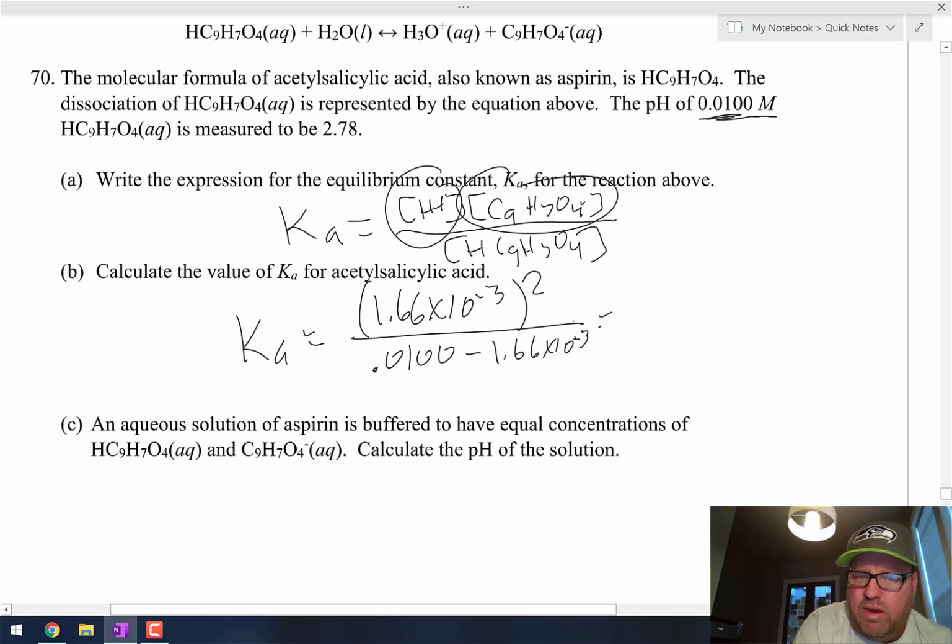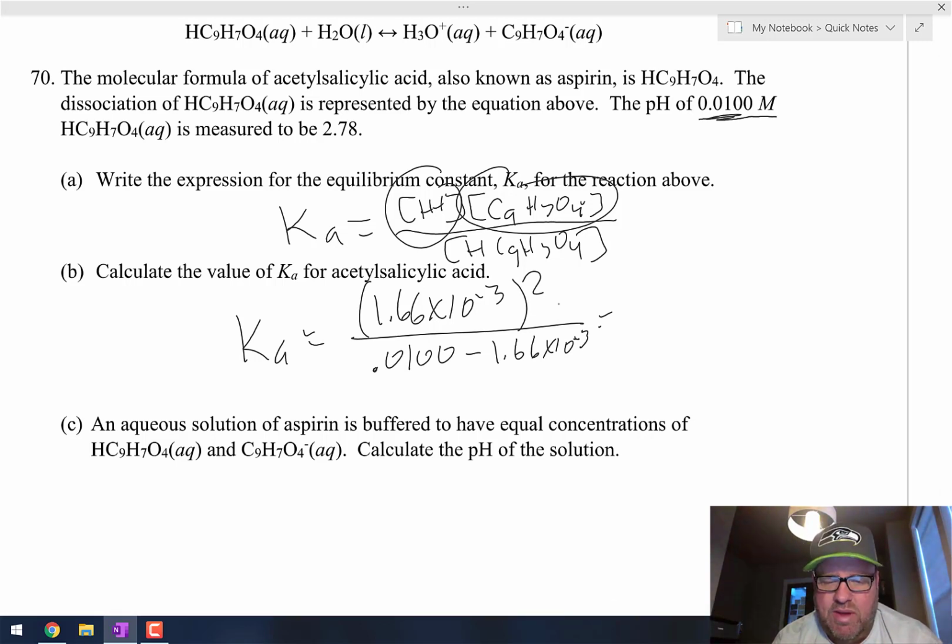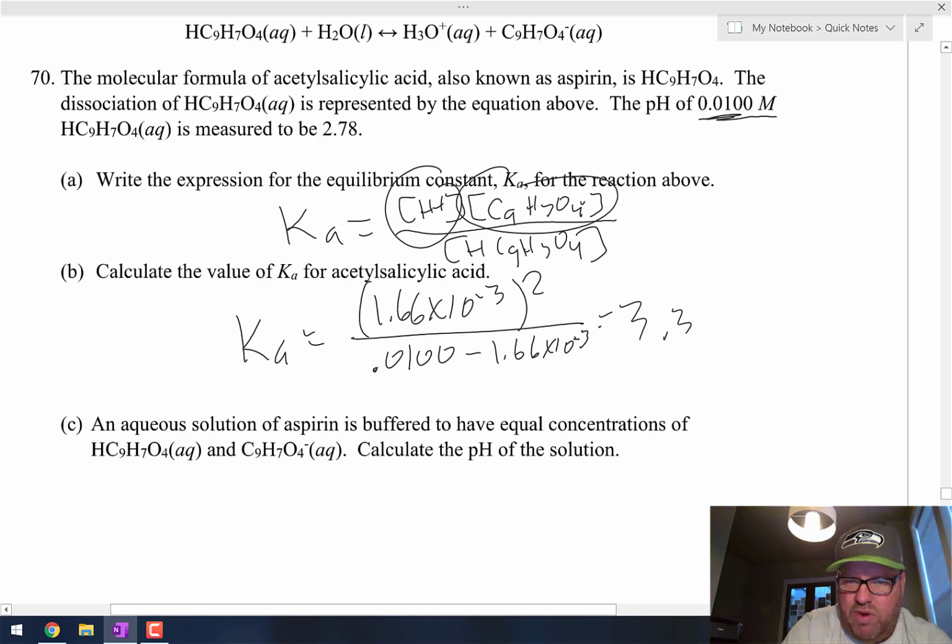It may not matter, but again, when it's not an x value, include it in there. So I'm going to square 1.66 times 10 to the minus third, and then divide it by 0.01 minus 1.66 times 10 to the minus third. And I get a final answer in scientific notation of 3.30 times 10 to the minus fourth. Okay, and that is the Ka value.